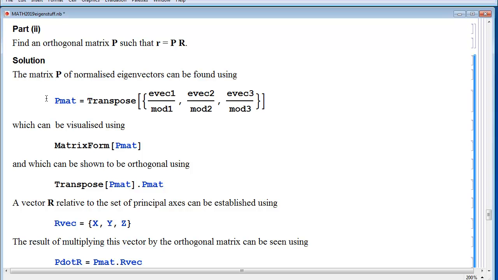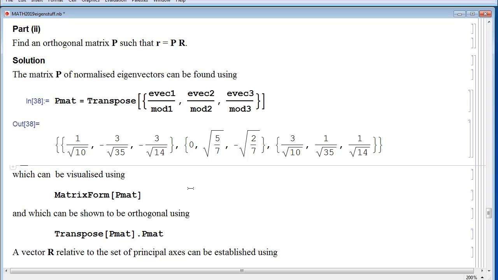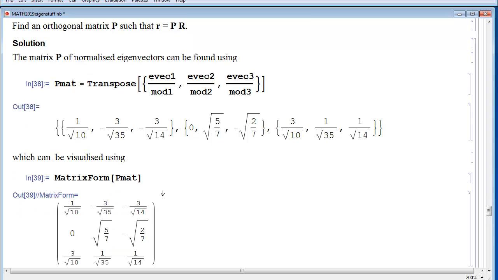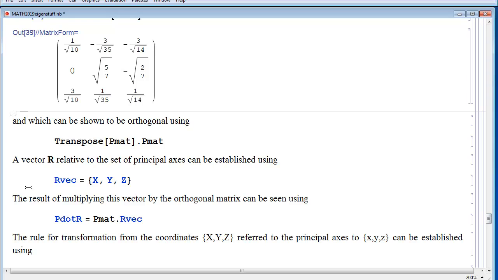So such a matrix is actually the columns consist of the eigenvectors of the matrix A, normalized. So let's do that, and we can visualize this matrix using that. And we can see that it's orthogonal by multiplying it by its transpose.